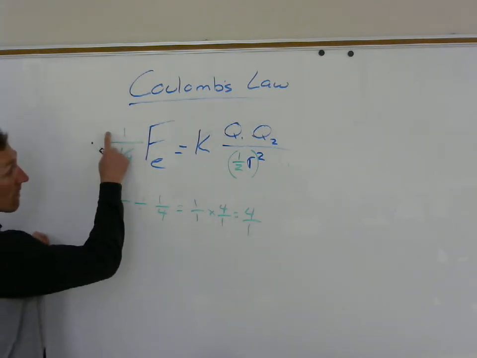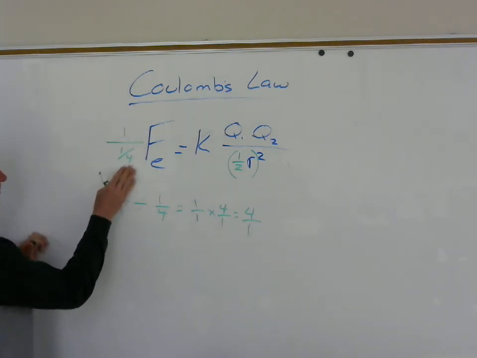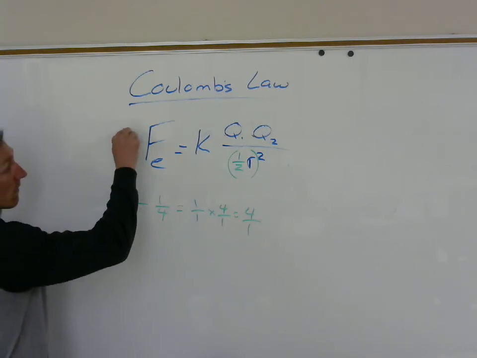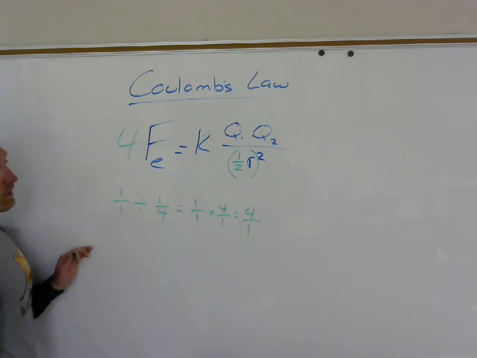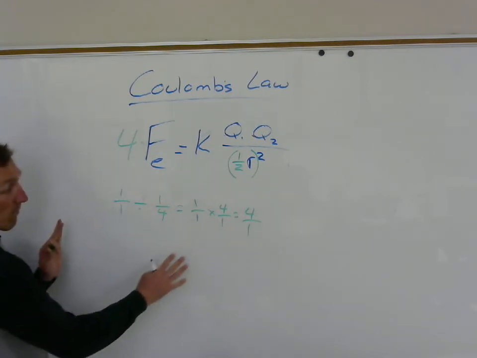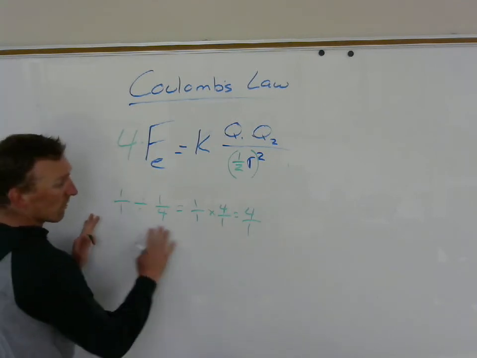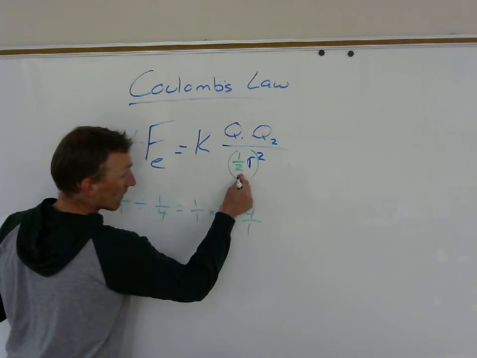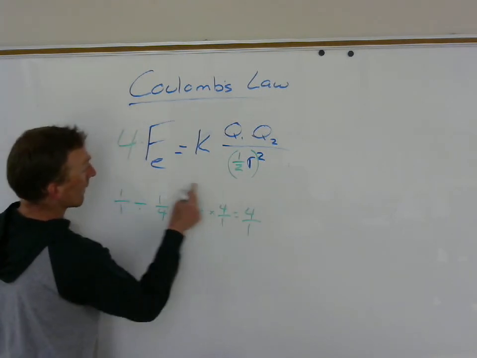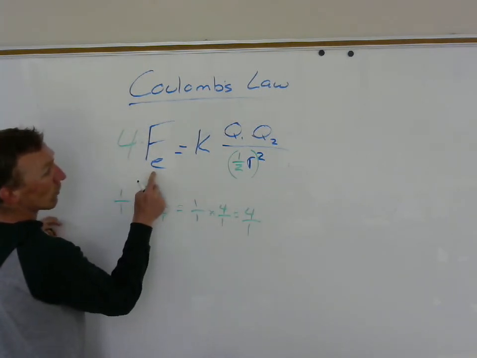So now this is actually 4 times greater. All right, so there's a lot of steps here. Some of them you may feel like, okay, I get that. Some of this may be a quick review for you. But if I get it tighter, get it closer together, the force is going to increase.